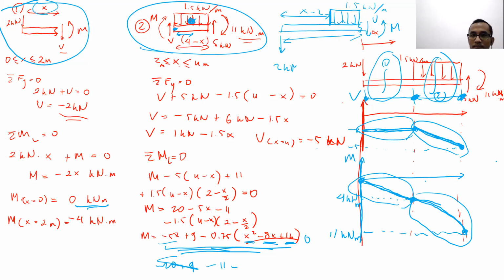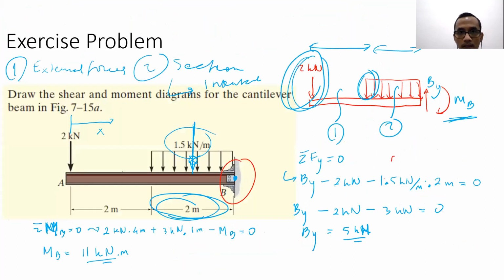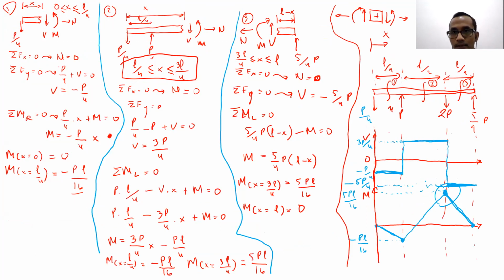I have another question. What if there's a beam and there's an external force? How do you find the internal forces directly where the external force is exerted? Oh, so you mean when we cut at 1p, 2p like that, and the result is there will be a jump from minus p over 4 to 3p over 4, right?